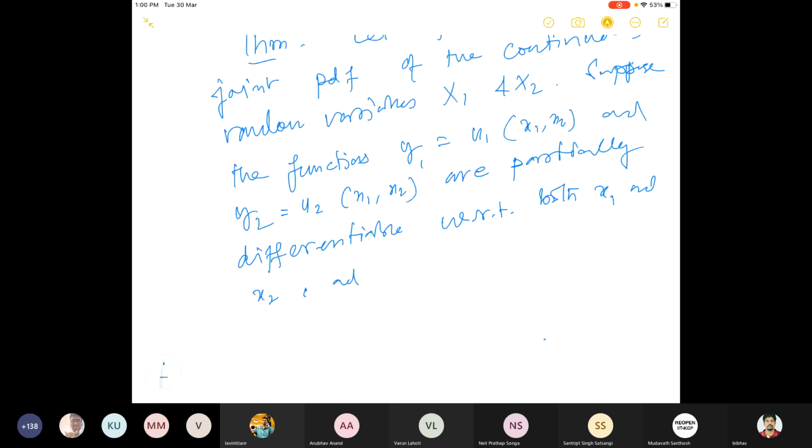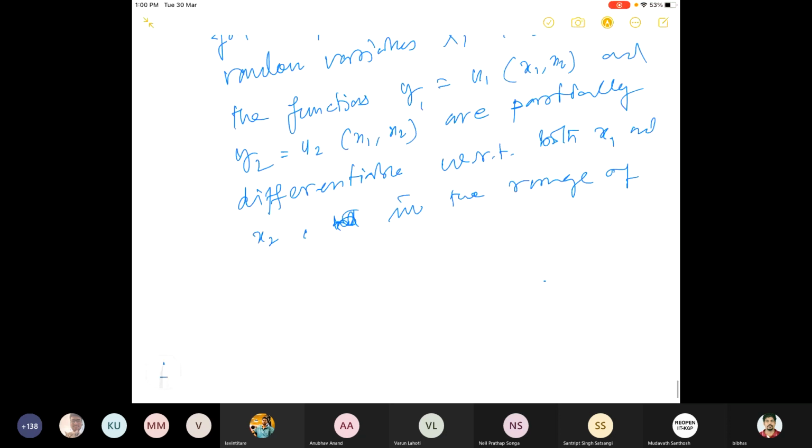This is just an extension, so whatever the conditions are in the single variable case, they are the same here; only the differentiation is replaced by partial differentiation. Also consider the range of x1 and x2 for which f of x1, x2 is not equal to 0.